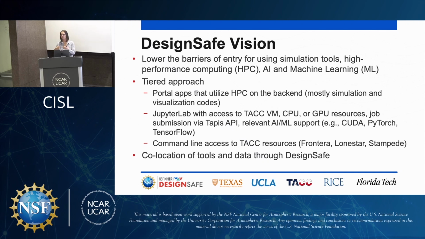We don't expect everyone to just jump on the command line on day one. So these portal apps, which you just get from the web, are keyed into the HPC on the back end, so you really don't need to know anything about the HPC to get started and get a taste. These are mostly our simulation and visualization codes.